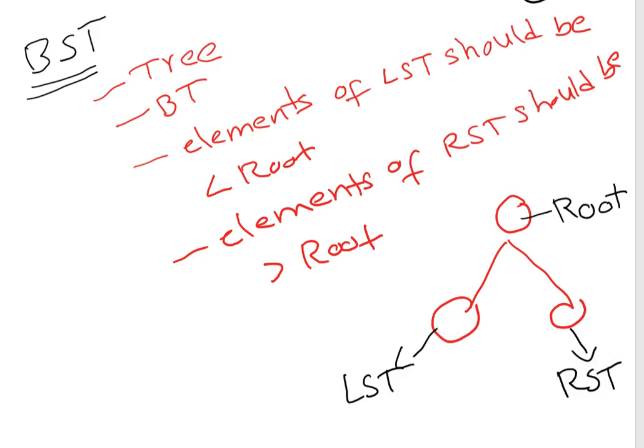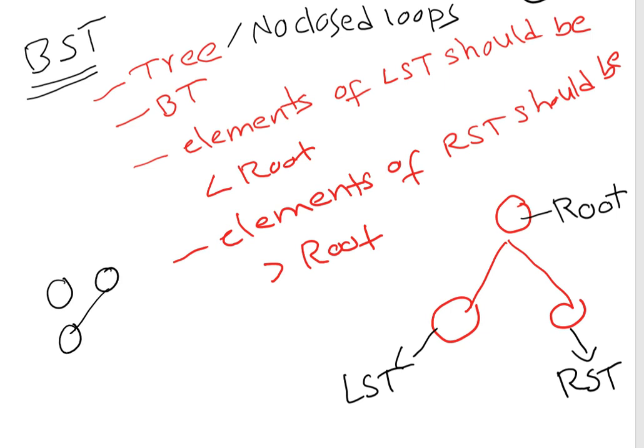Okay, this is a binary search tree. You be very clear with this. Binary search tree means it should be a tree, and tree means no closed loops. If this is the node, we should not be closed like this. See, this is a closed one, so it should not be like this. This is a tree.